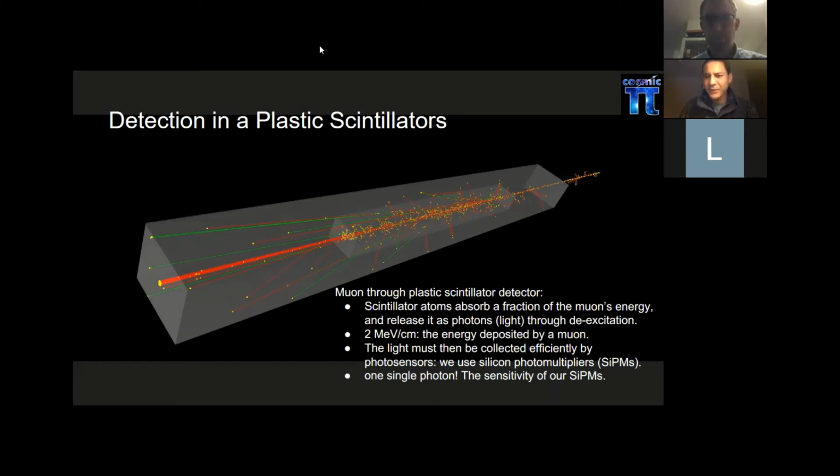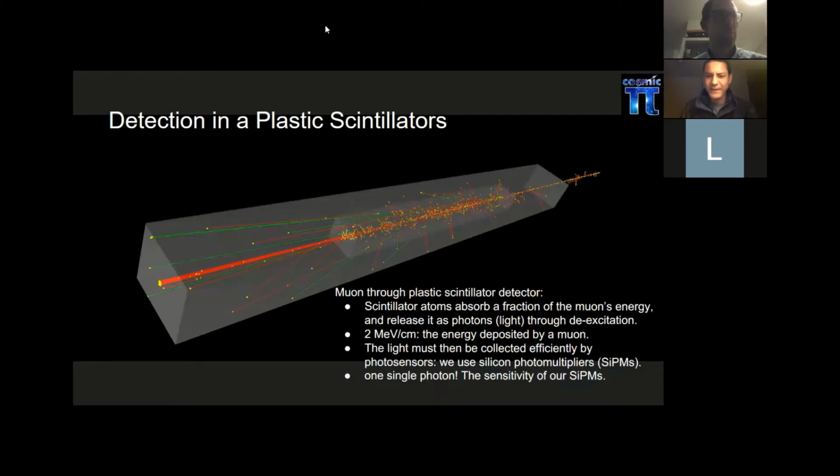To get to that point in technology required obviously quite a lot of research and development. And so now these plastic scintillators coupled to silicon photomultipliers are very affordable, and they can be mass produced. So it's an interesting tool to be able to use so that we can actually detect these muons.